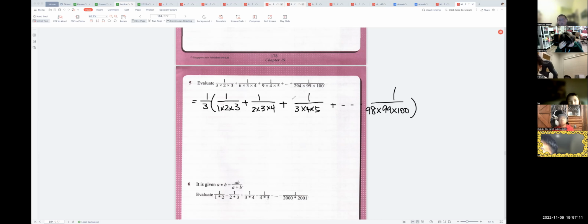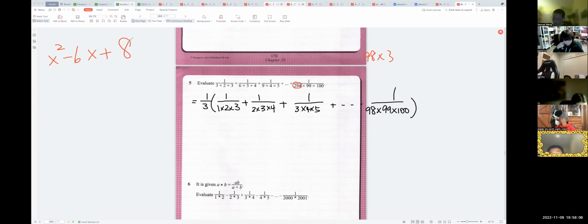Everybody, I have some students from other classes who asked me, teacher, why do you know 1 over 3 is going to be taken out? I'll tell you why. Because I do so many math calculations that you don't like to do. For this 294, I see it and I know it equals 98 times 3. Many kids say that from 8th grade on we'll use calculators. Yes, you can use a calculator, so you don't need to calculate anymore. But you need to know that later we learn factoring. For example, x squared minus 6x plus 8 equals 0.